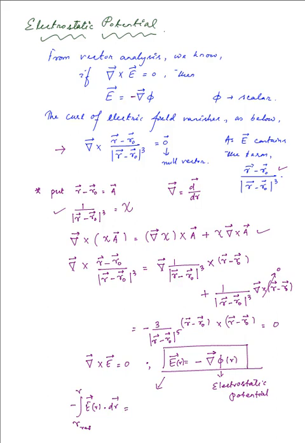So we take the negative of all of that, and the negatives cancel out when we write the electric field in terms of the scalar. What we get is the integral from the reference to the final R of the gradient of the potential dotted with dr, and that eventually results in phi of r minus phi at the reference point.